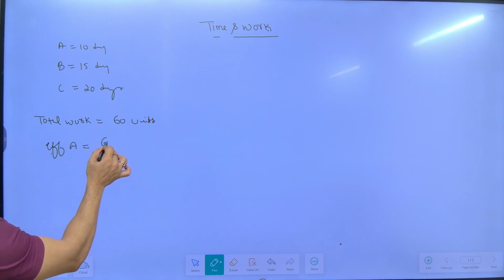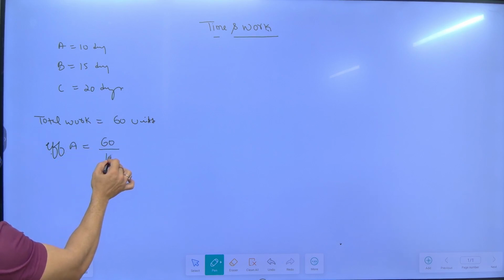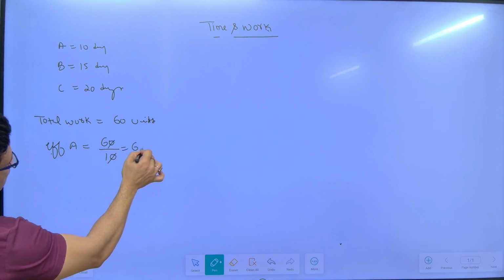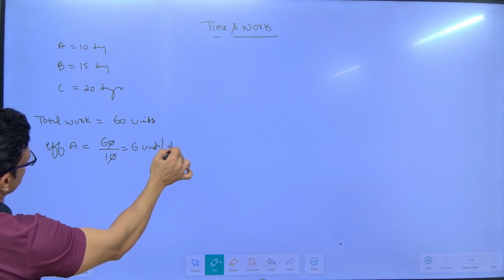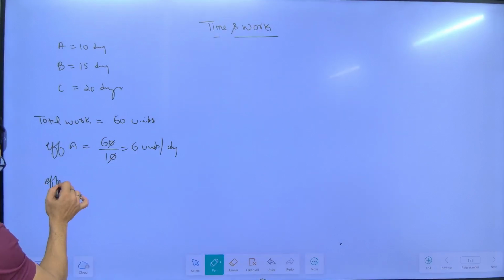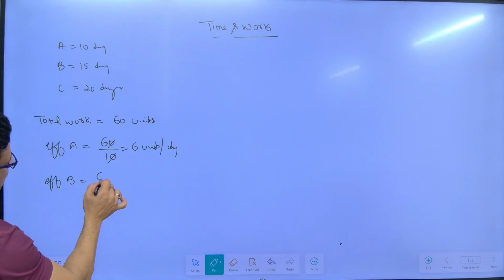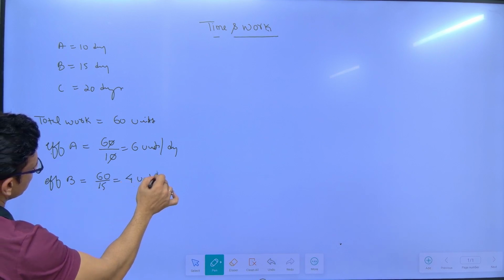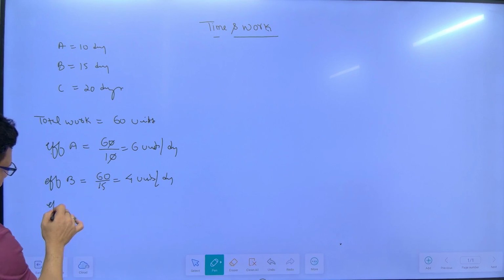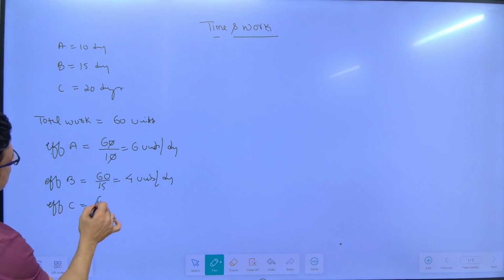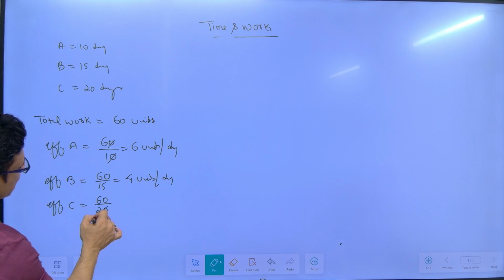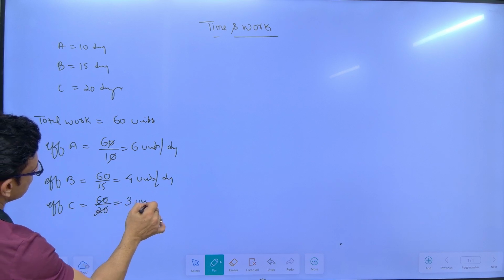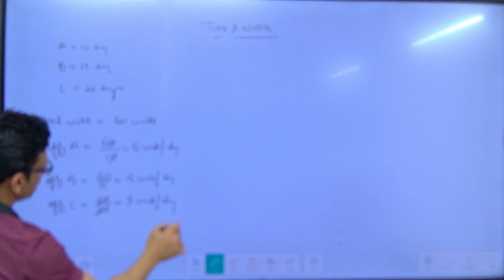The efficiency of A is 60 by 10, which is 6 units per day. And the efficiency of B is 60 by 15, which is 4 units per day. And what is the efficiency of C? 60 by 20, which is 3 units per day.